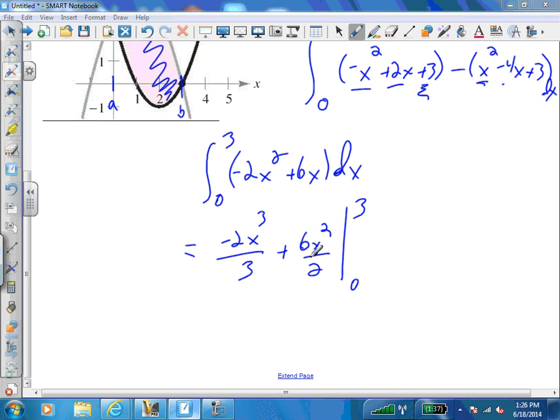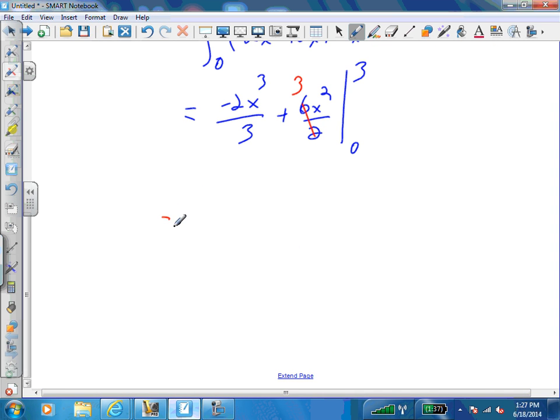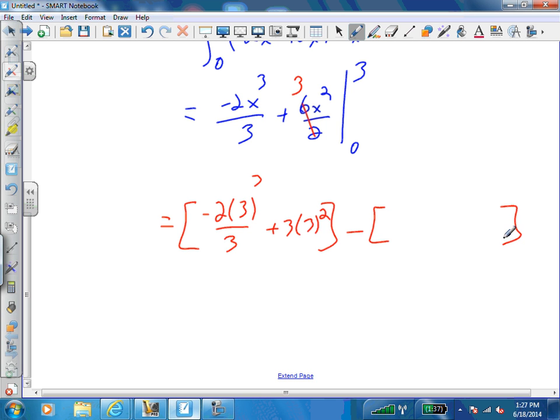Now, of course, the 6 and the 2 reduce. So if we substitute a 3 in, we have negative 2 times 3 cubed over 3 plus 3 times 3 squared. If we substitute a 0 in, what do we get for this term? 0.